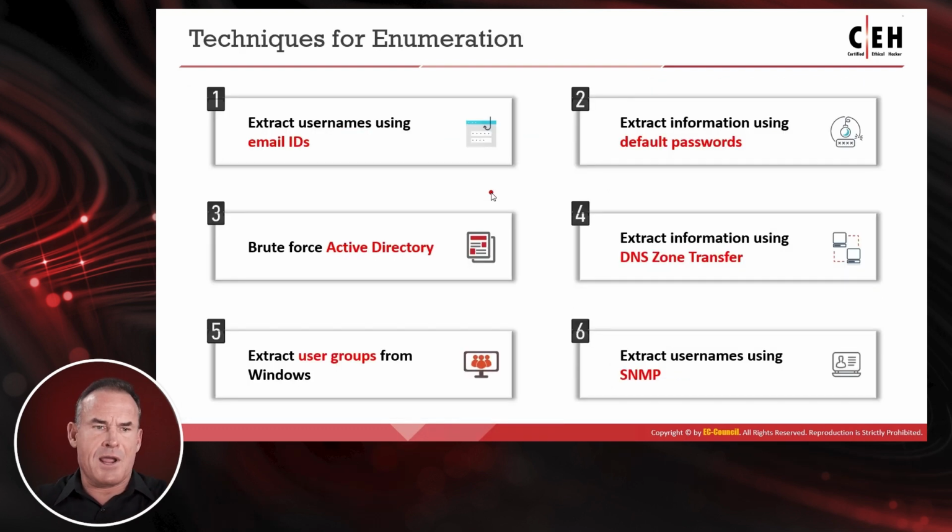All right, techniques for enumeration. You have extracting usernames using email IDs. Now, your username and password combination should be difficult to guess, easy to remember, the kind of standard password rules, but there should be a secrecy factor with your username or your account ID as much as there should be a secrecy factor with the password itself.